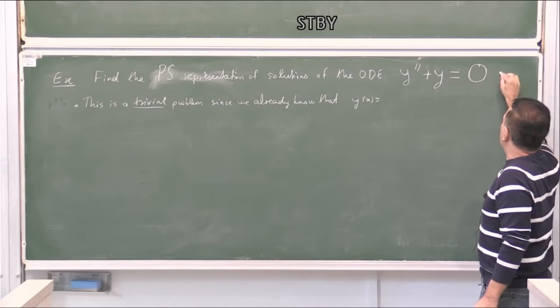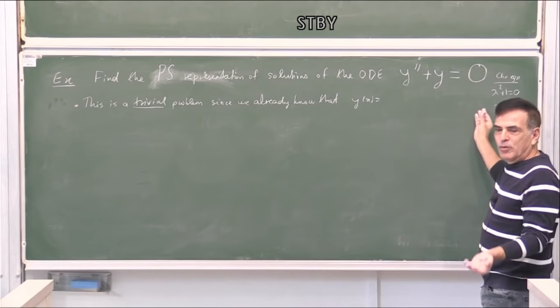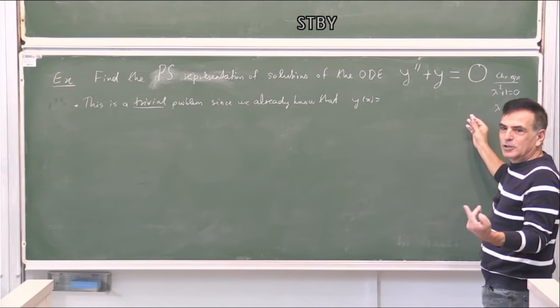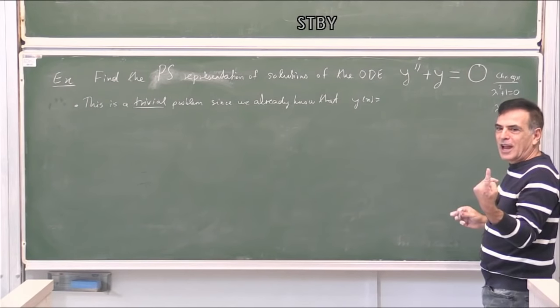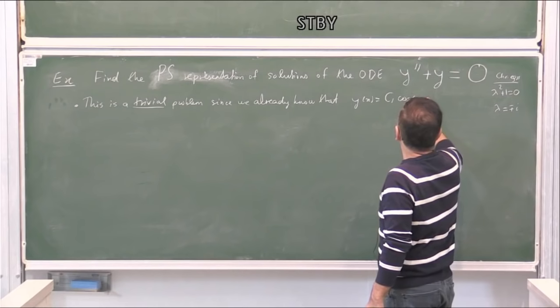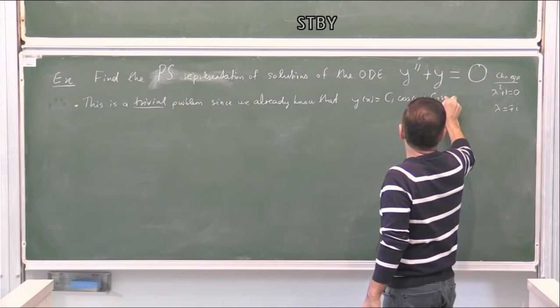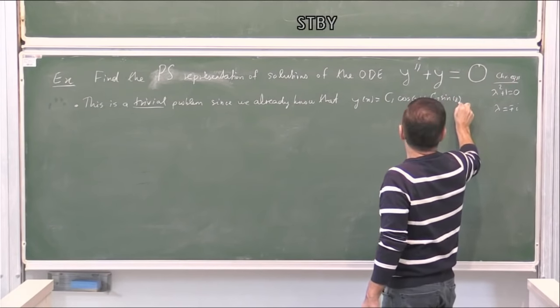Lambda squared plus 1 is 0. So lambda is plus or minus i, purely imaginary. So the solutions are cosine x and sine x. So this is C1 cos x plus C2 sin x. This is very well known. Okay? It is the general solution.